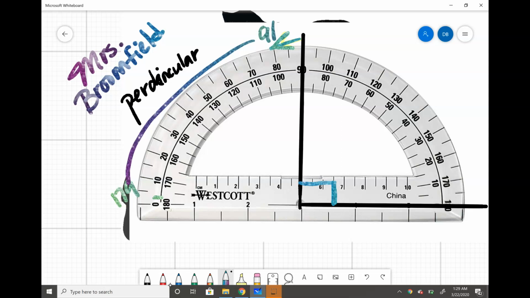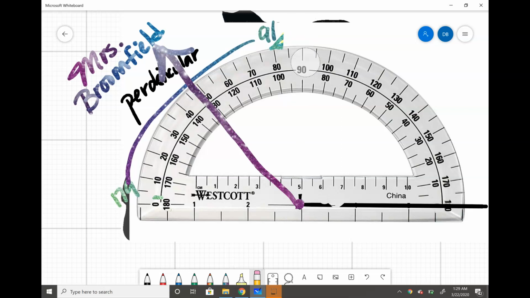Okay, so anything that size would be obtuse. So if I drew an angle from this ray and I stopped here, I passed up 90 degrees. So that angle is bigger than 90 degrees.